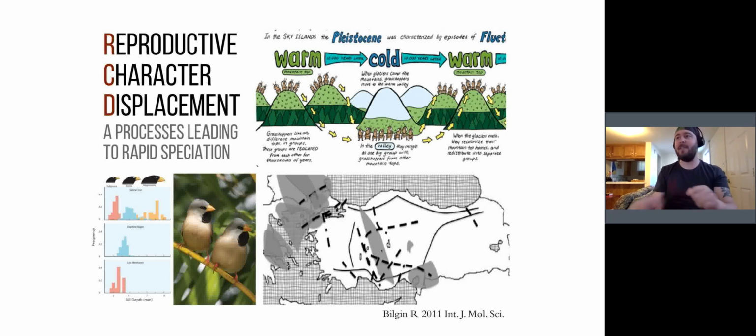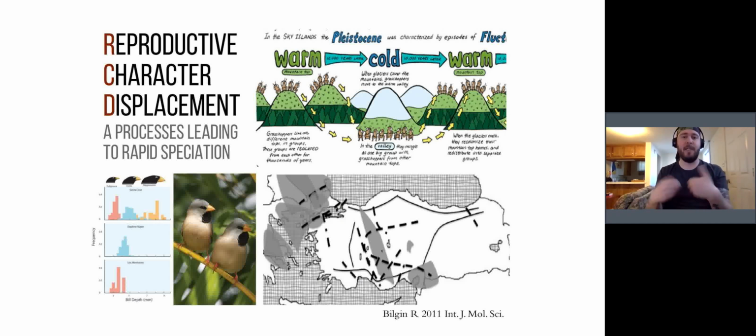So what you have is these periods of isolation, interrupted with periods of admixture, and then you have isolation, and then you have admixture again. And this is hypothesized to produce these patterns of reproductive character displacement. When this goes on long enough, all of a sudden you have species that are partially diverged, and when they come together, they produce these unfit hybrids.